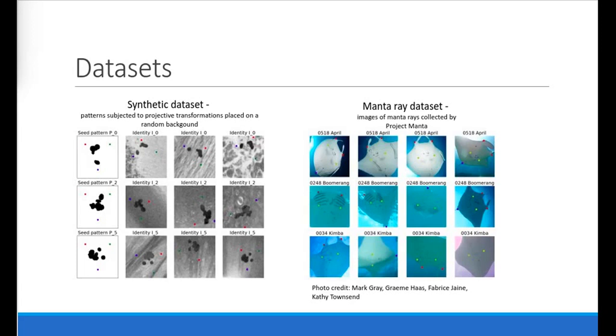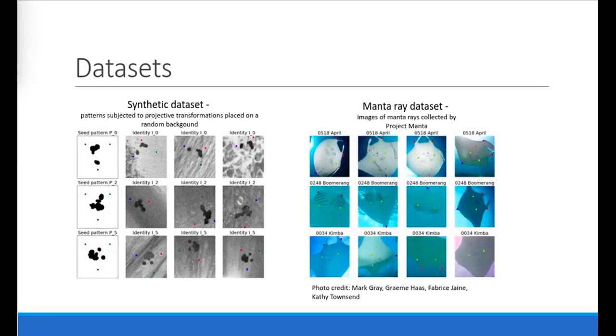Each row shows a seed pattern and three generated examples for one identity. An identity is a unique pattern of ellipses. Examples belonging to this identity are generated by applying random projective transformations to the seed pattern and adding a random background. The corners of the triangle where the pattern is located play the role of body landmarks.